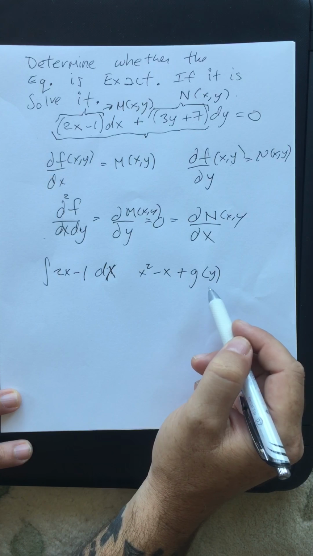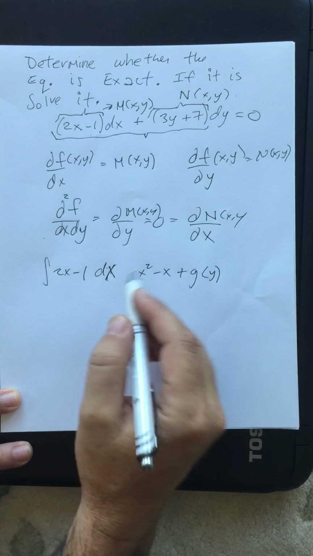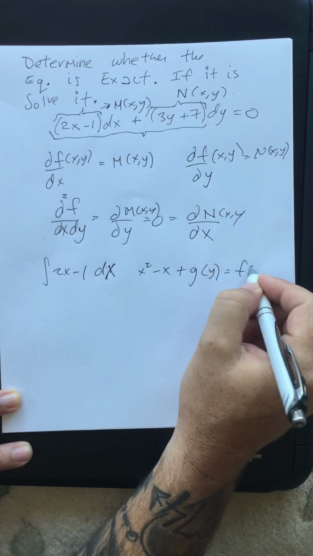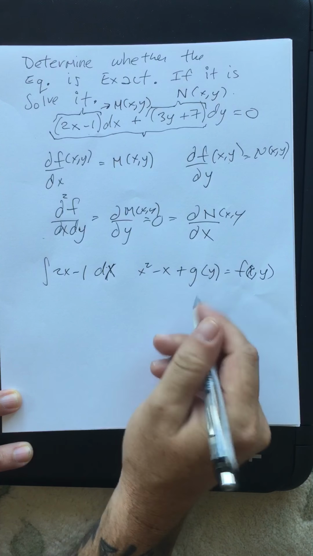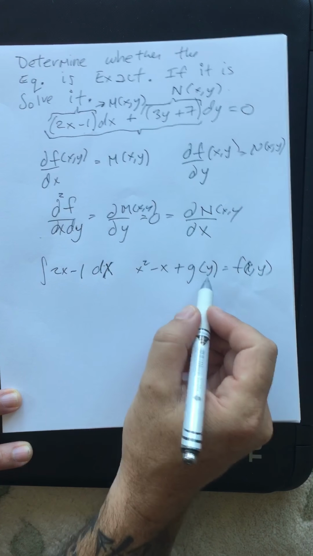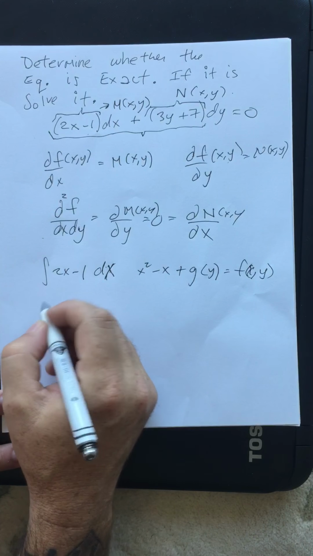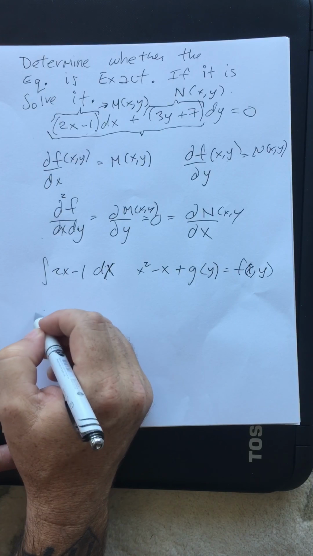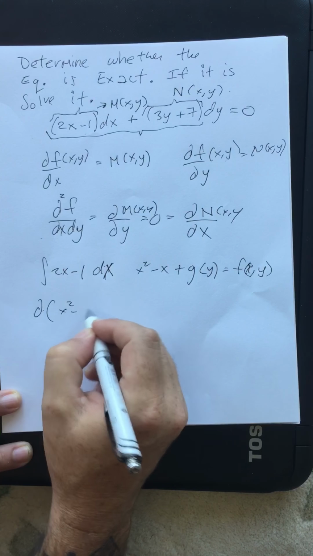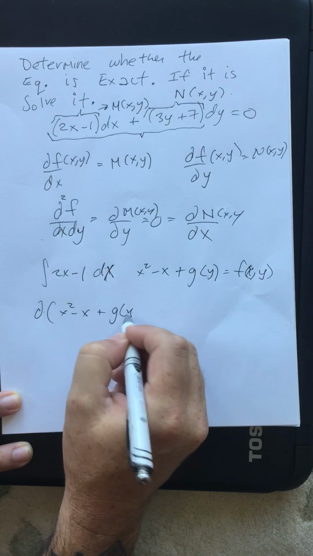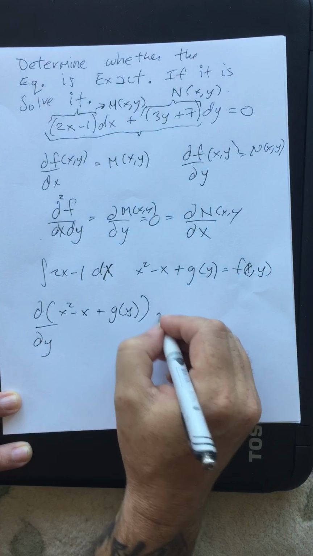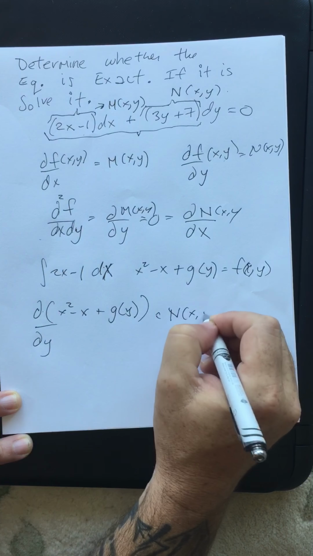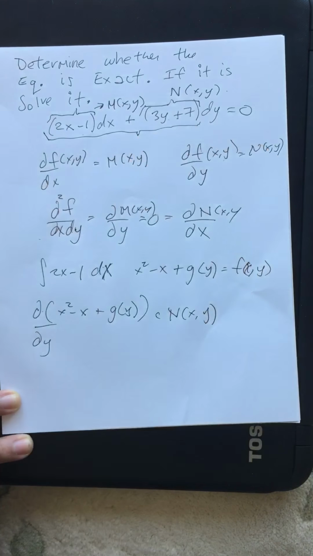Now we have the presumed function that we're looking for, f(x,y). However, we got this g(y) here. So let's take the derivative of x squared minus x plus g(y) with respect to y, and this will equal our N(x,y), which is right here.